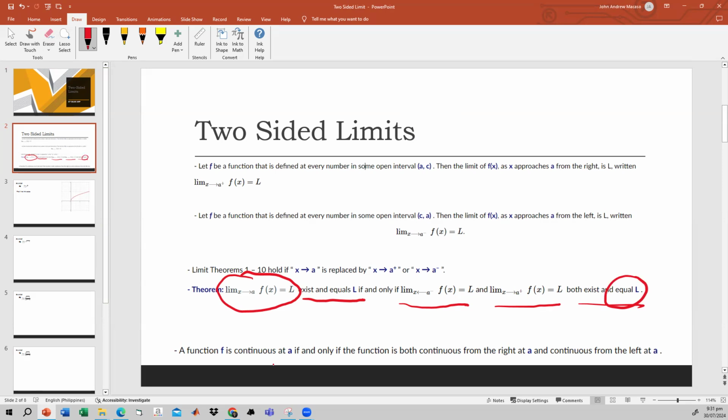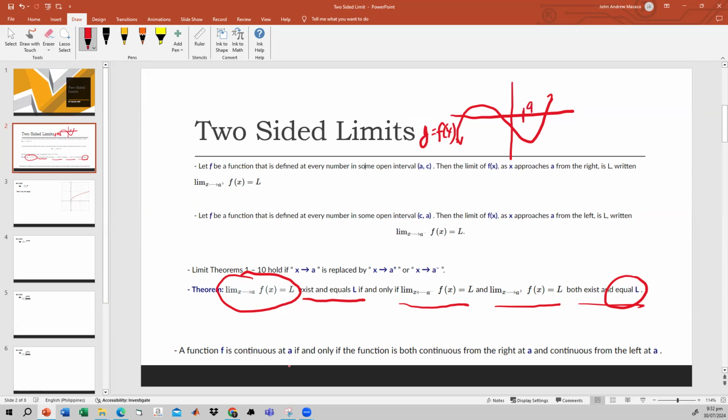Okay, so try to consider this graph, class. Let's say we have this kind of graph. Let's call this y is equal to f of x, and considering that we have here a.